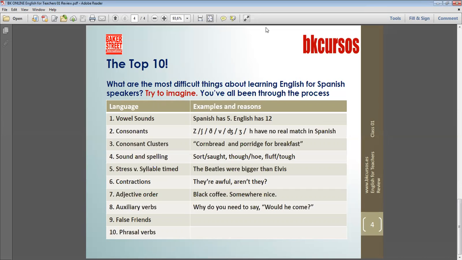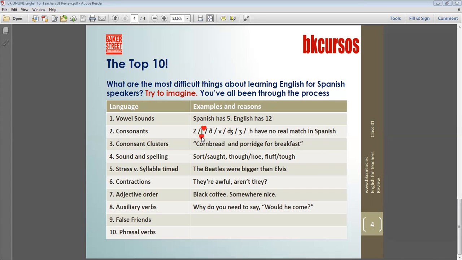The second symbol is like an S. What's that one? It sounds like SH, like shut. Sure. Which is going to be different, isn't it, from the CH sound in Spanish?